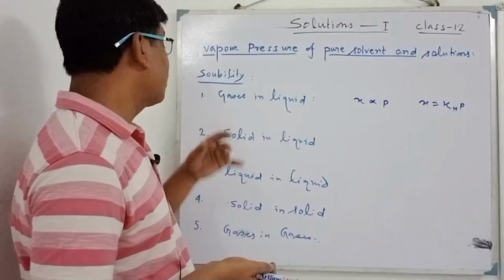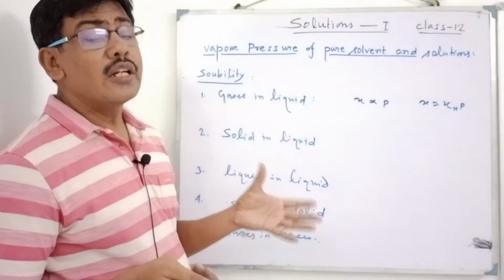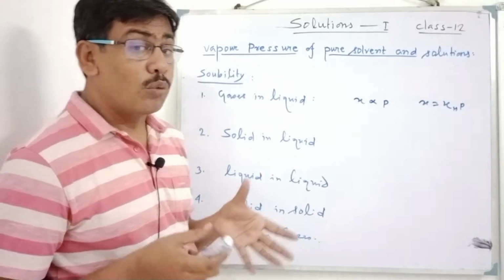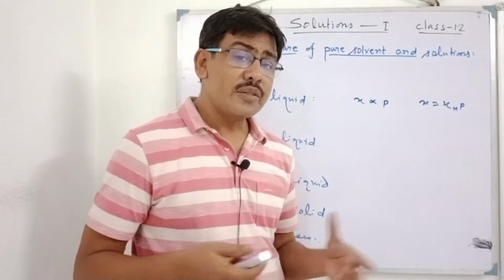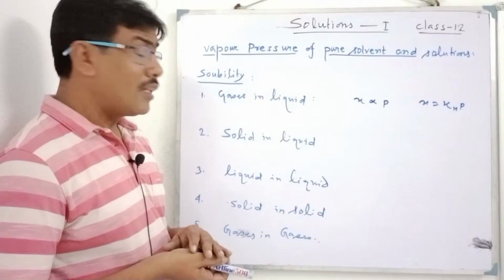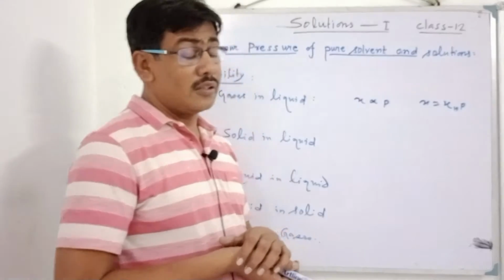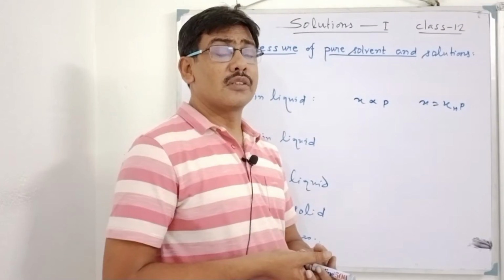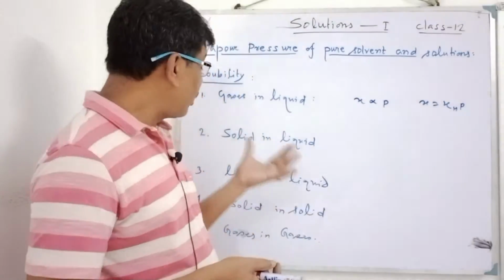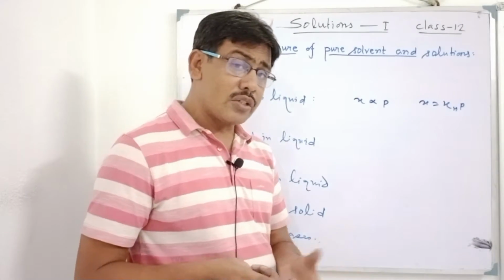Now we have to discuss solid in liquid. If solid particles get dissolved in a pure solvent, then a homogeneous mixture is obtained. This mixture is known as a solution. The solid particles are the solute and the solvent is the liquid. The amount of solid particles dissolved in a liquid depends on the temperature.